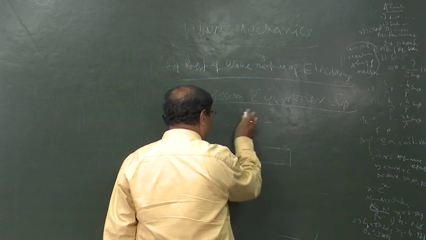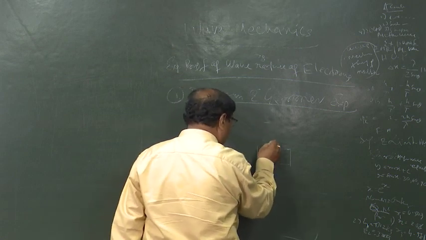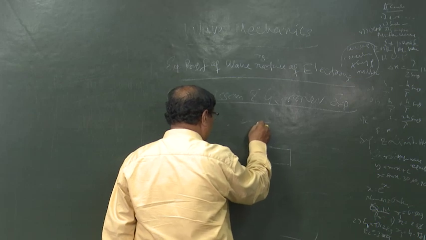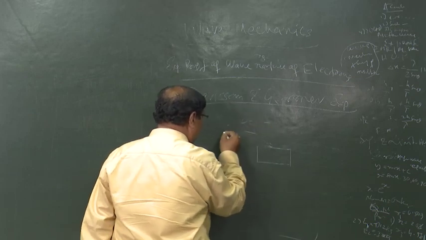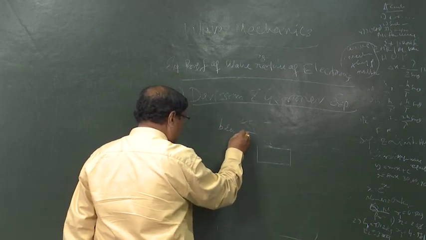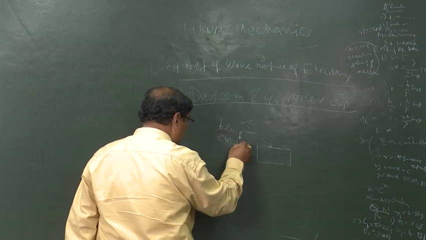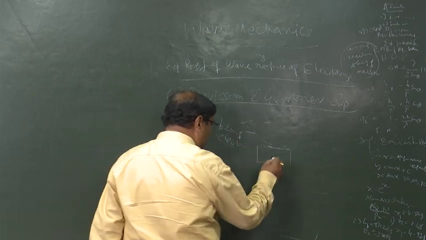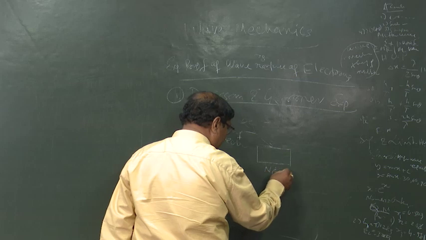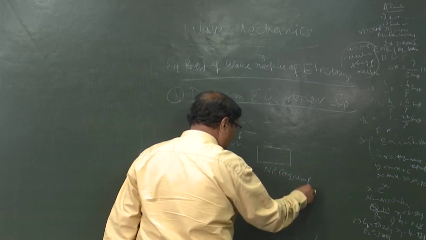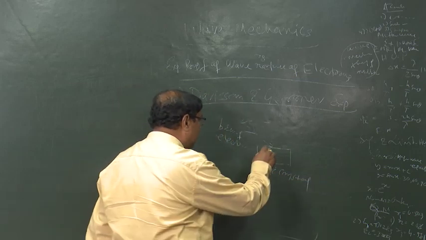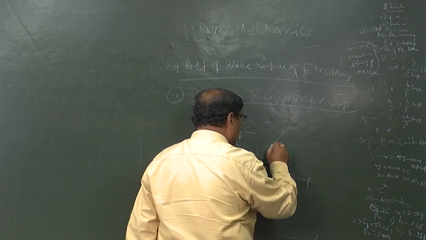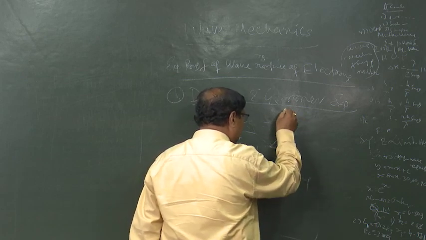Now, they allowed a beam of electrons to fall on the nickel crystal. The reflected beams are allowed to pass through the photography plate.